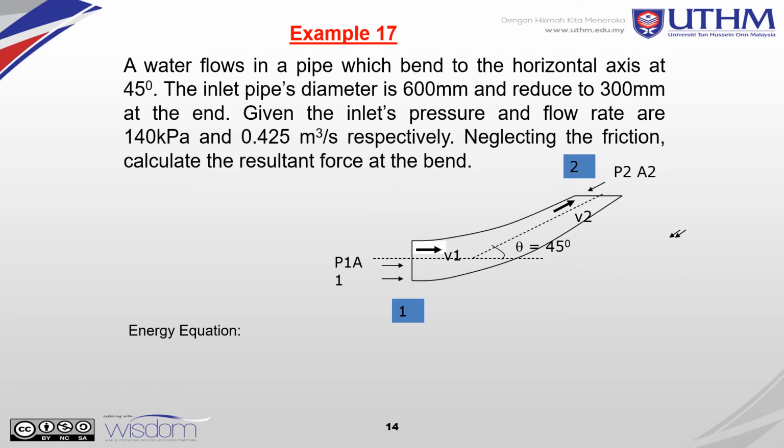Water flows in a pipe which bends to the horizontal axis at 55 degrees. The inlet pipe's diameter is 600 mm and is reduced to 300 mm at the end. Given the inlet pressure P1 and the flow rate, and neglecting friction, calculate the resultant force at the bend.